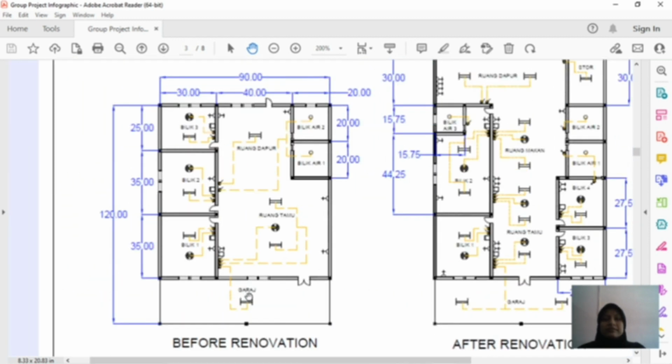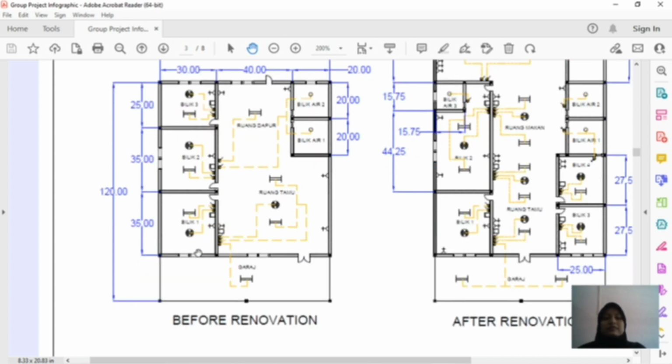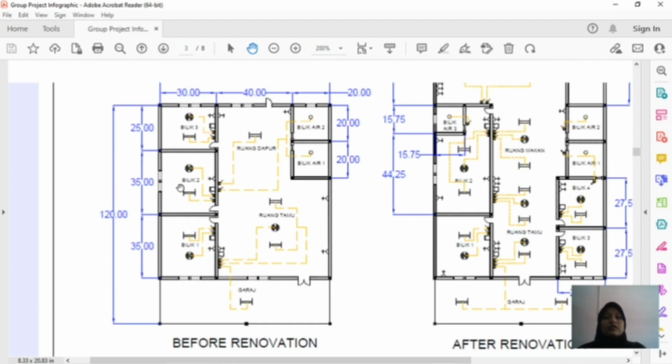So we take a look at before renovation. So before renovation, the area of the house is 120 times 90. In the house have 3 bedrooms, which is bilik 1, bilik 2 and bilik 3. Bilik 1 and bilik 2 area is 35 times 30 and bilik 3 is 25 times 30.